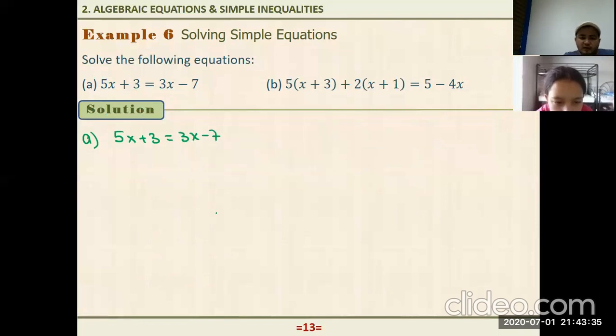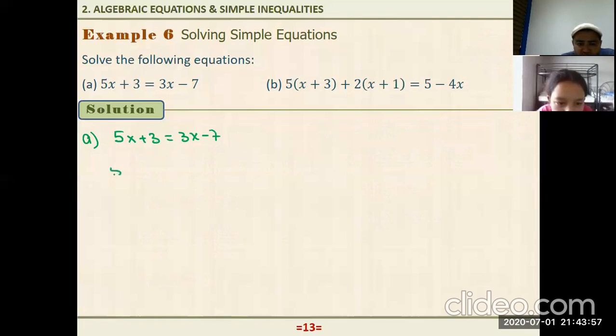Now, to solve equations with unknowns on both sides, we need to take all the unknowns to the left-hand side and constants to the right-hand side. When they change their side, we also have to change their sign.